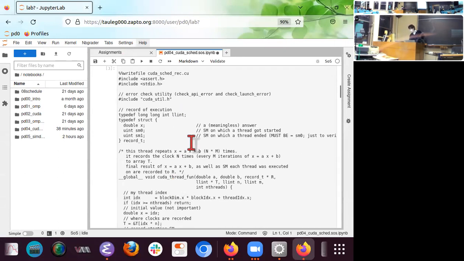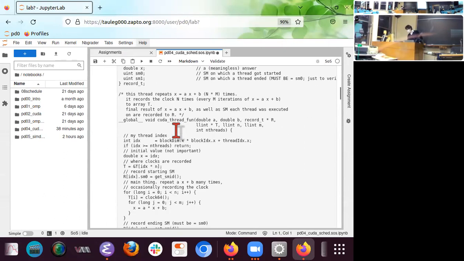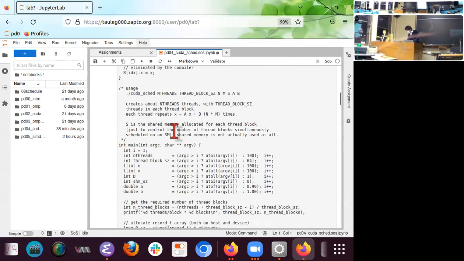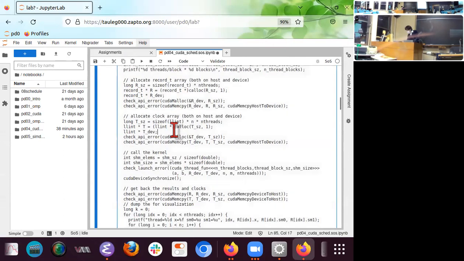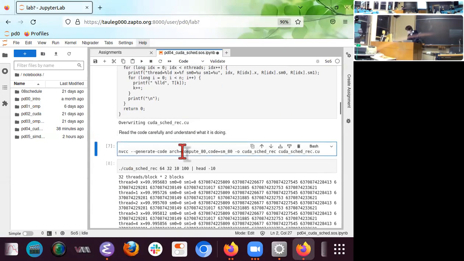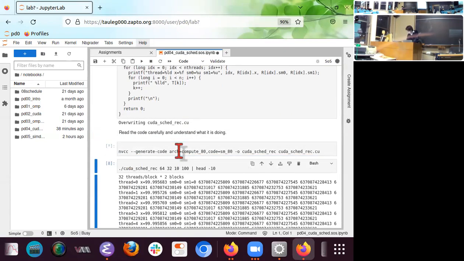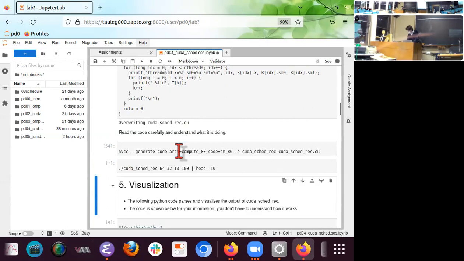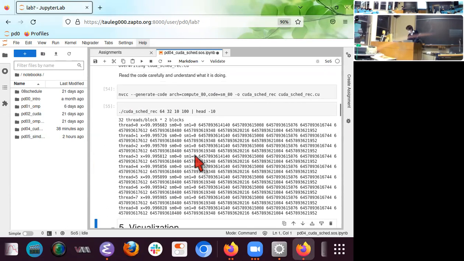Okay, so we are playing with this simple benchmarking code, which is not necessarily doing a very useful thing, but is very useful to understand how the GPU actually operates. Before getting into what this code does, let me demonstrate how to compile it and see what kind of output it produces.